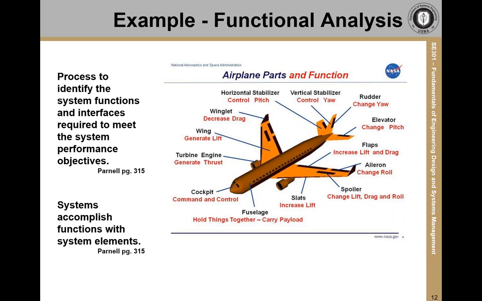So you have the rudder that's going to change the yaw, the vertical stabilizer that will control the yaw, and so on all the way around. Now the only one I would maybe disagree with a little bit is the cockpit. They said command and control. That's not following that verb object convention that we have, but otherwise I think they did a good job of sticking to verb object.